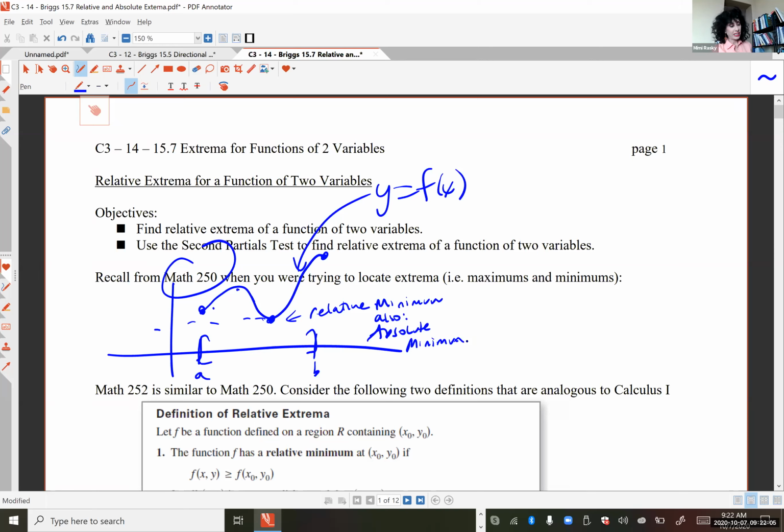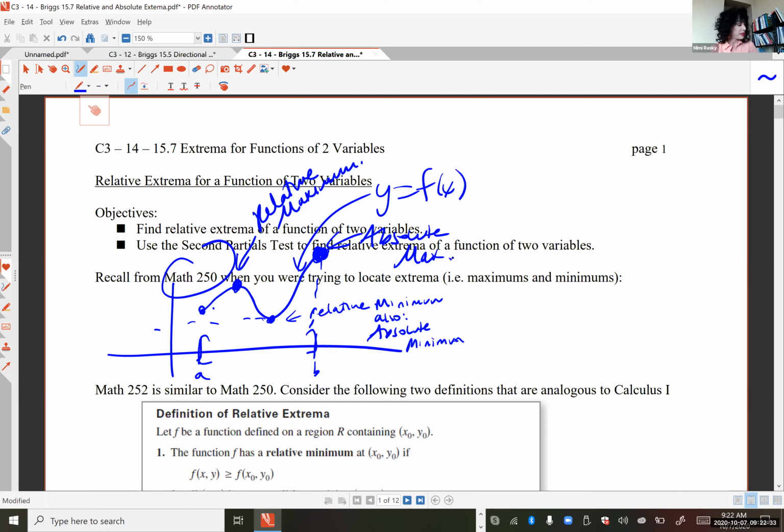On the other hand, if you were looking for maximums, this point right here is what we call a relative maximum, but it's not the absolute maximum on this interval. Why not? Because right here at the rightmost endpoint, this y coordinate is even taller than it. So this point here you would denote the absolute max.